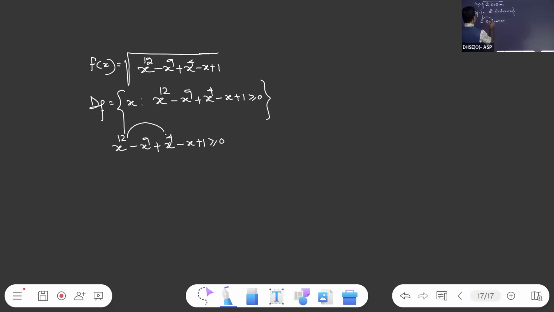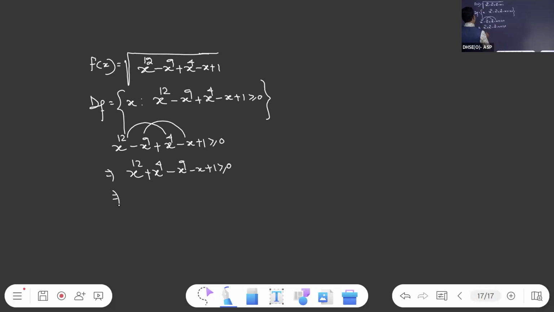Now from the first and third terms we can take x to the power 4 as common. From the other two terms we can take minus x as common. So x to the power 12 plus x to the power 4 minus x to the power 9 minus x greater or equal to 0.